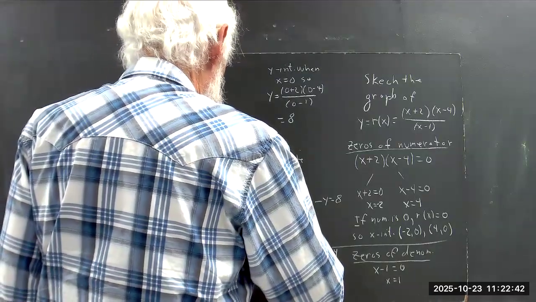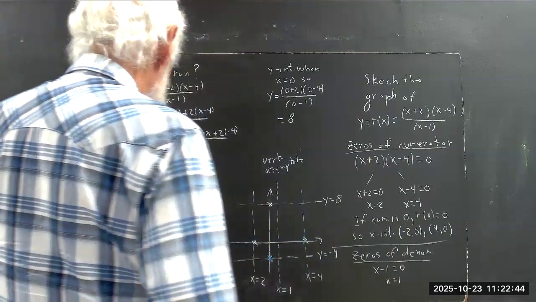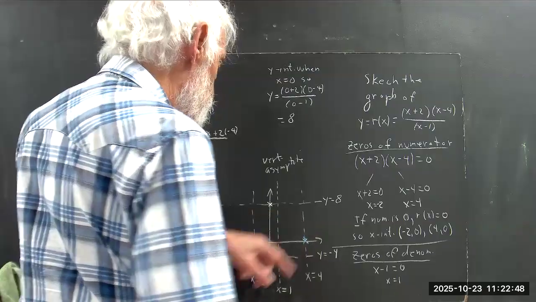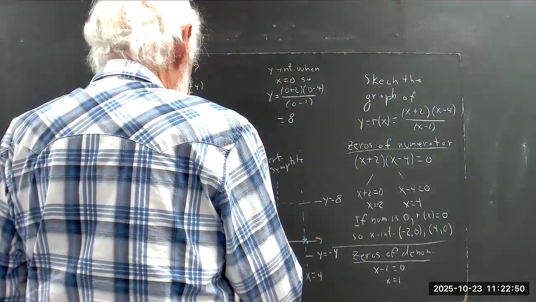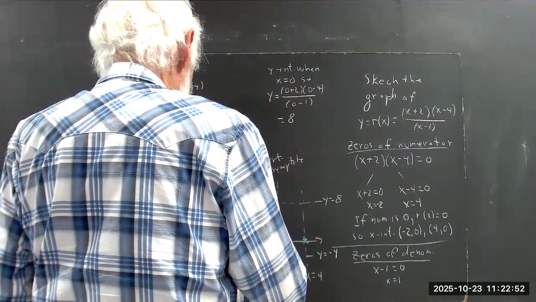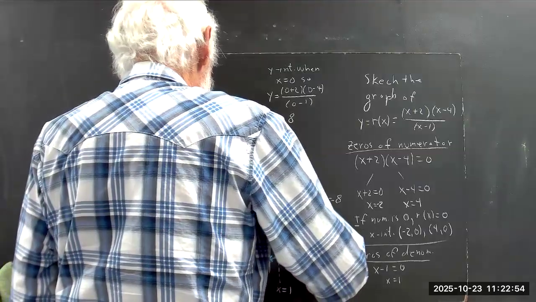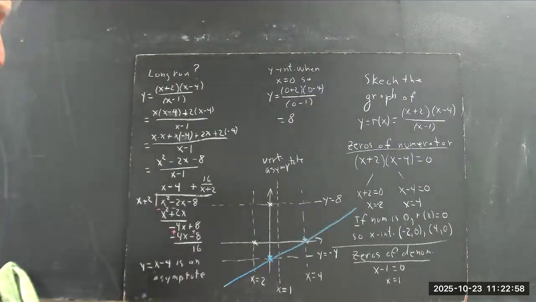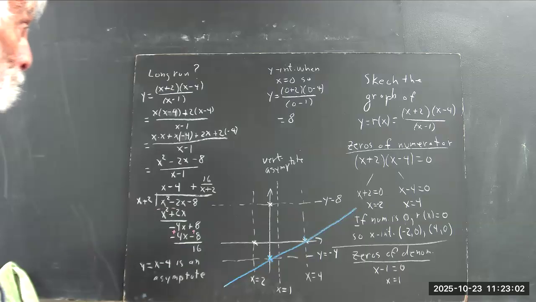So it just so happens that this asymptote passes through one of the zeros. And that doesn't have any particular significance. It doesn't happen very often. I didn't plan it that way. Okay.